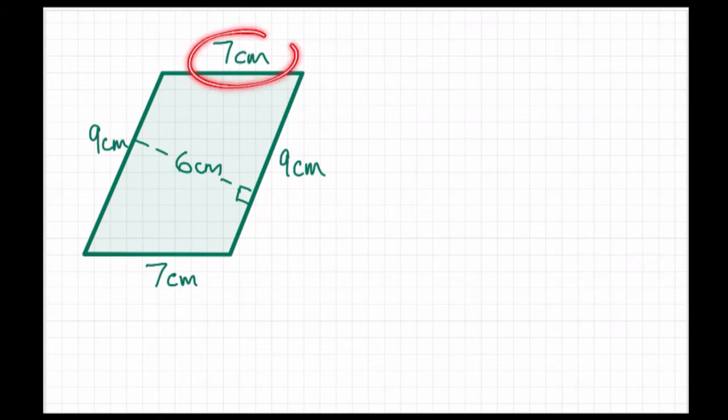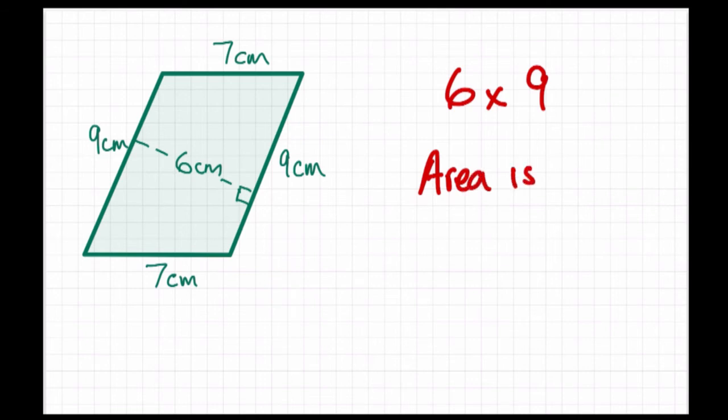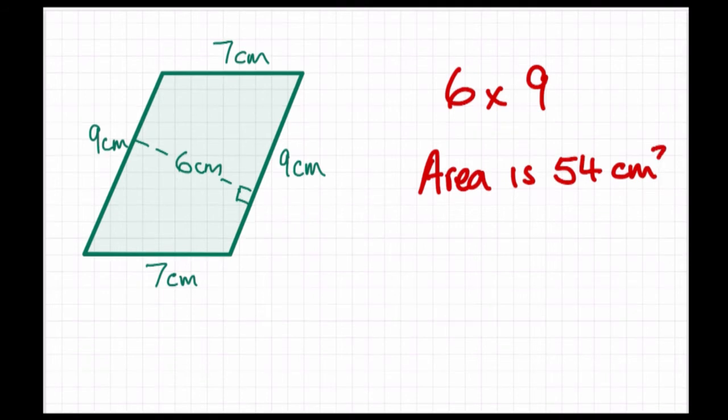We don't need the 7 centimeters, that's sort of a distractor, but we do need the 9 for the base and the 6 for the height. So let's do the calculation. It's just 6 times 9, and 6 times 9 is 54, so the area is 54 centimeters squared.